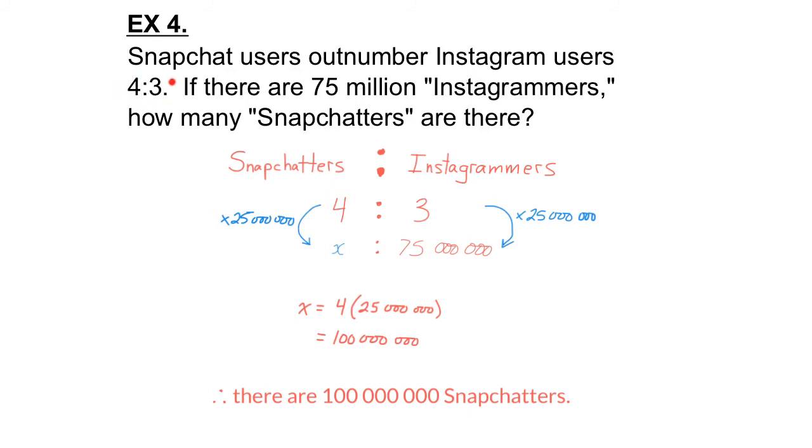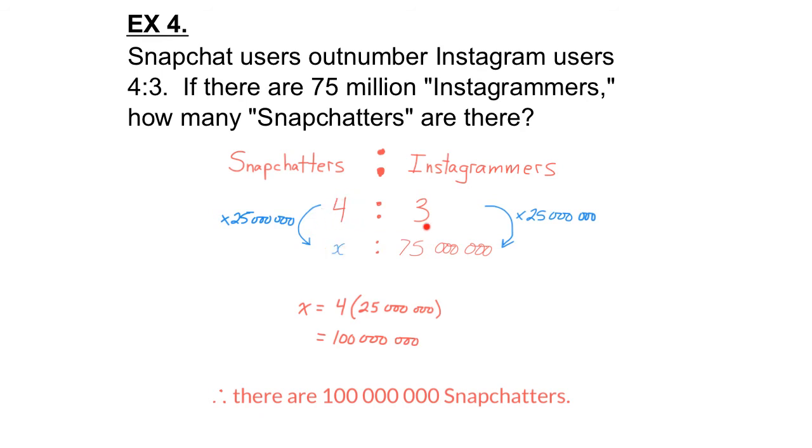We're told that the ratio is 4:3, so that's what I start with. But then I'm told there's 75 million Instagrammers, so on the Instagram side of the ratio, I'm going to say it's 75 million. But I don't know how many Snapchatters there are, so I just replaced that unknown number with a variable. It's the letter X. So this just represents my unknown number that goes in this spot.